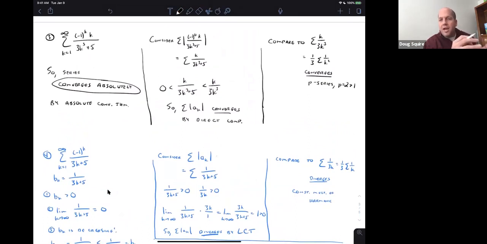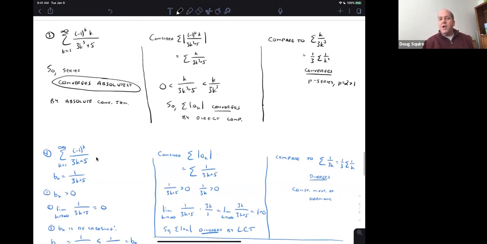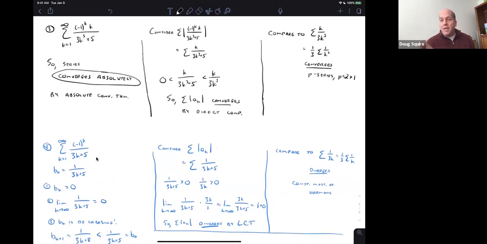The non-alternating part, so ignoring the -1 to the k, everything else is the same type of function. So these are all power functions. Here, everything on the bottom, everything other than the -1 to the k, they're all power functions. They follow one of 3 types of problems. These are the 2 main ones. What you're gonna do is take the absolute value, and then on the right, you're gonna get to this easier series.